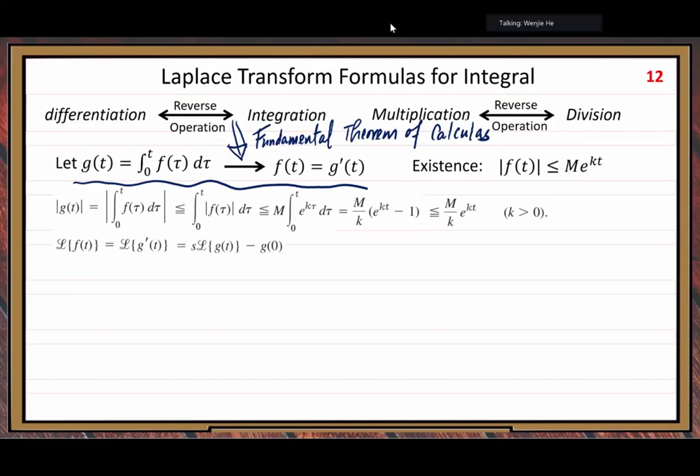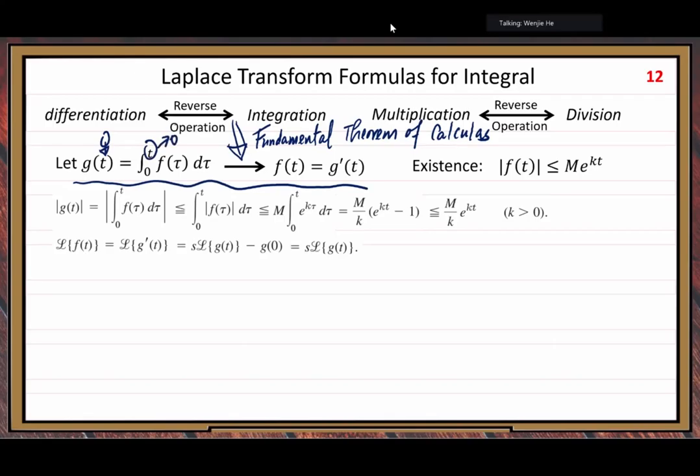All right. Let's apply the derivative formula: s times Laplace transform of g minus g of 0. What is g of 0? Here the g of 0 is gone. Can you see why? You go back to the definition of g. For g of 0, you plug in 0, so you replace this t by 0.